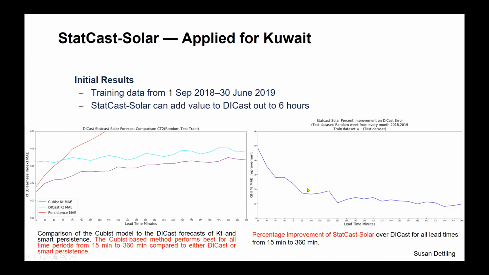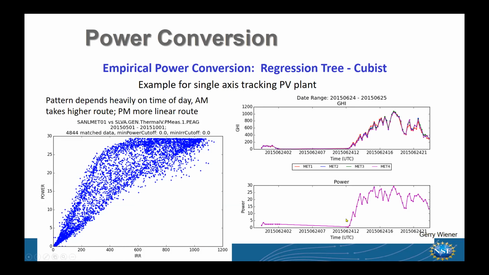And in fact, on the right, she has calculated the percent improvement of Statcast over Dicast at the beginning on the order of 50%, but then of course decreasing in time as we then hand it off to Dicast, which does better over longer periods. But we are able to use these methods to make significant improvements on the shortest range.